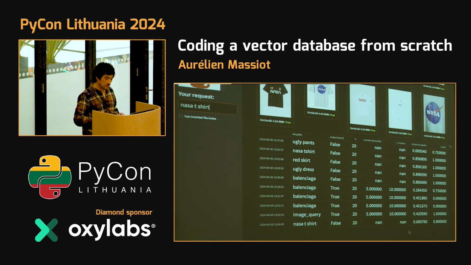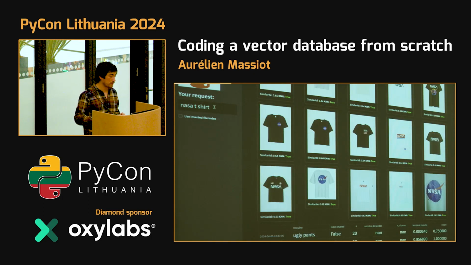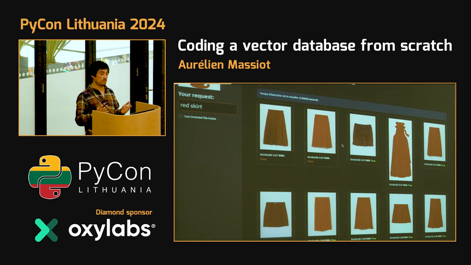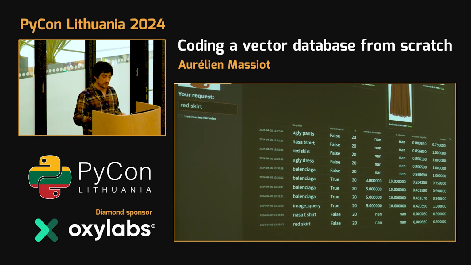And you will see in this benchmark, HNSW, you see 90% of recall, but only 0.0000 seconds. And it's really, really, really faster. If you search for, I don't know, a red skirt, for example, it takes only a fraction of a second to return this, which is pretty convenient. I mean, it's really an order of magnitude faster.